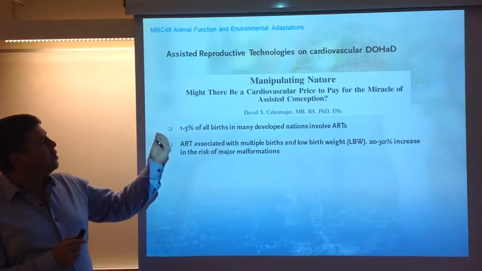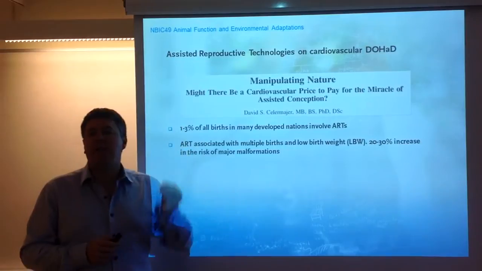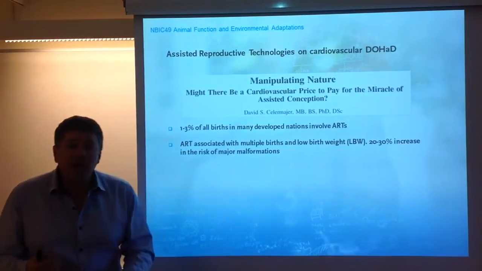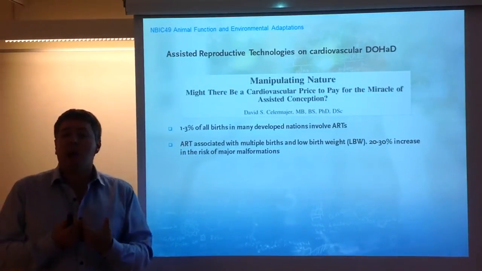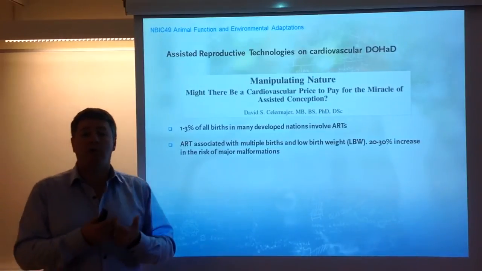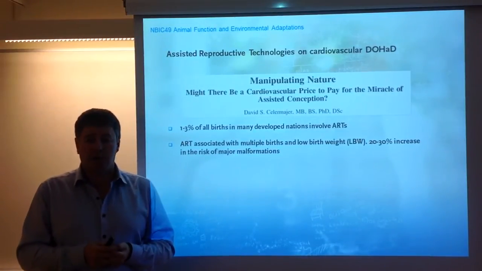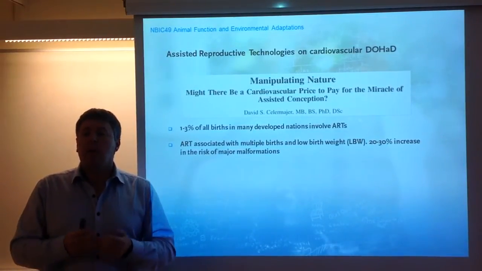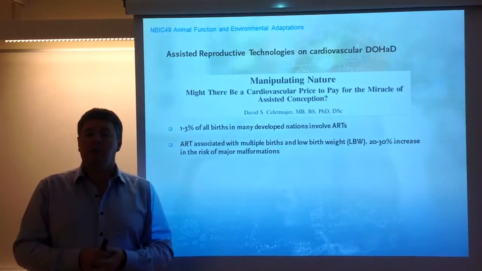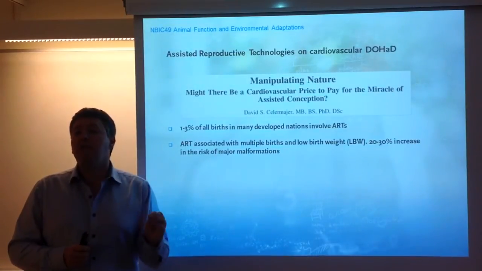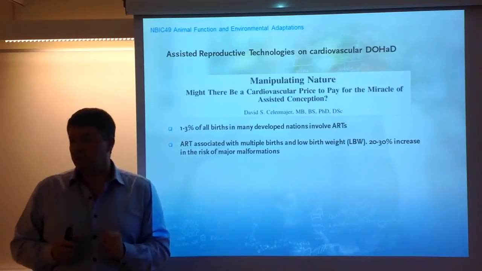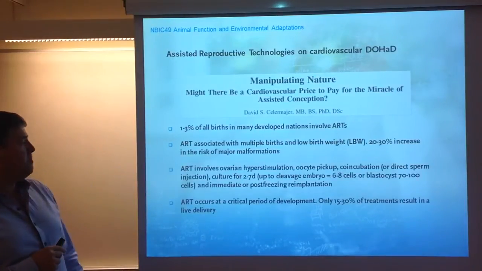So ARTs, assisted reproductive technologies, have been very successful, have given a lot of couples the possibility of having biological children, but we are still starting to understand the long-term consequences of these types of procedures.